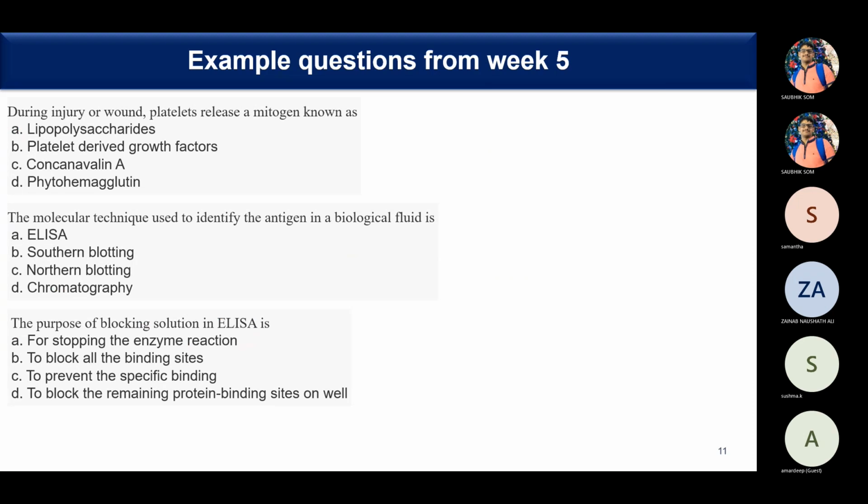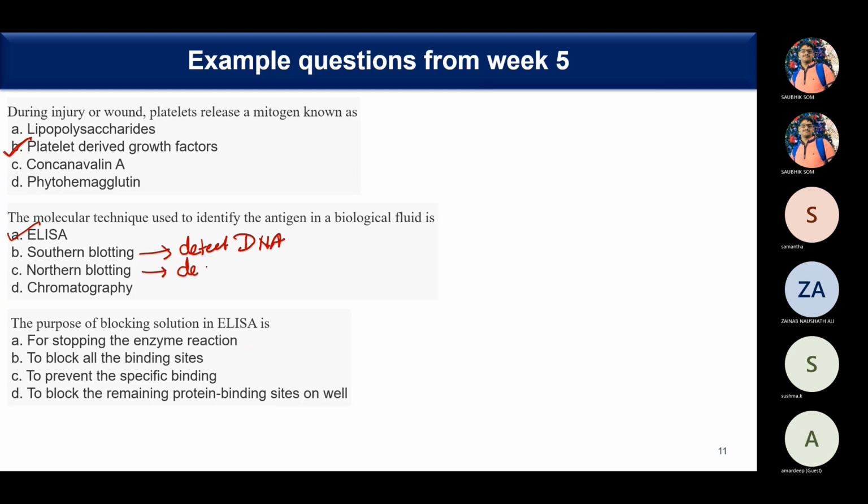During injury and wound, platelets release a mitogen known as platelet derived growth factors. It's a no-brainer, correct? Okay. So the molecular technique used to identify antigen in biological fluids. Of course, the thing is ELISA. Southern blotting is to detect DNA from DNA.